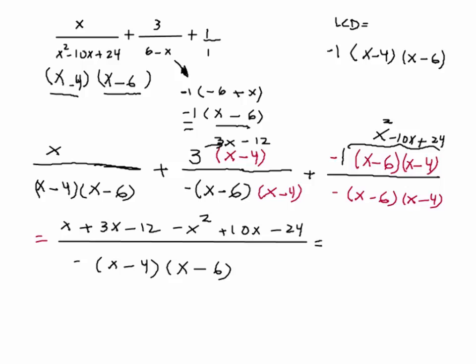So can somebody tell me what do I get at the top of the fraction now if I combine those together? If you combine all those numbers at the top of the fraction, what do we get? Anyone?